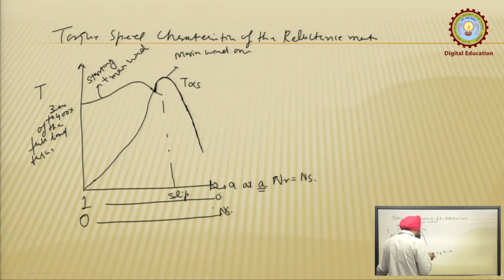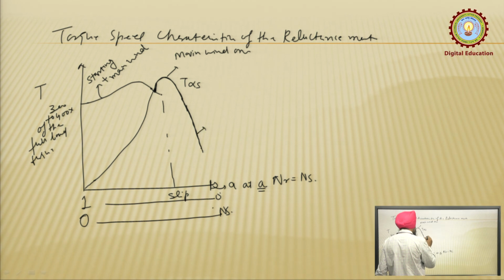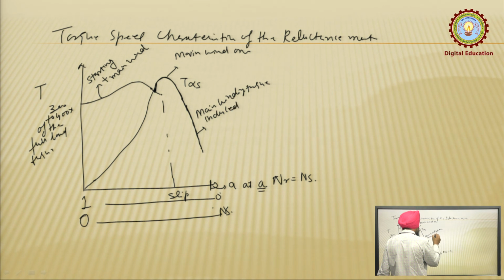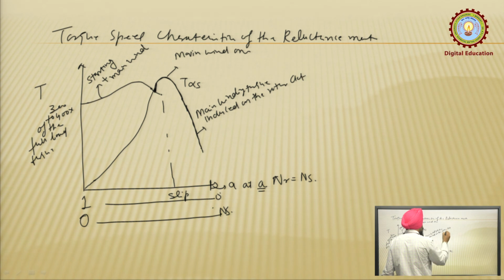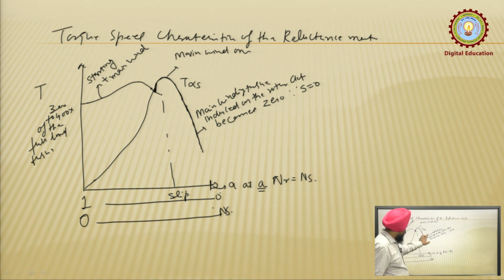synchronous speed, but how is this speed maintained? At this point, what will happen? After this, the main winding torque induced on the rotor circuit becomes 0. Why is it 0? Because slip becomes 0, then induction motor torque becomes 0.